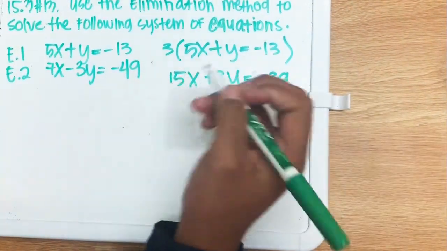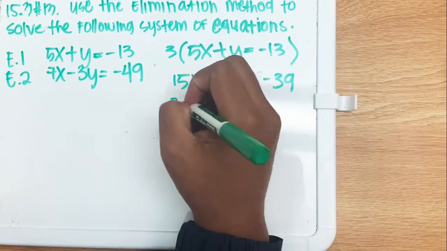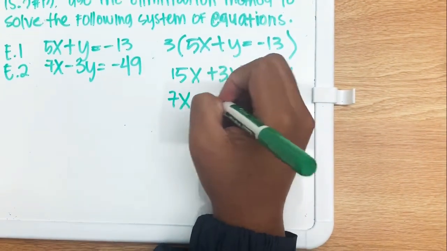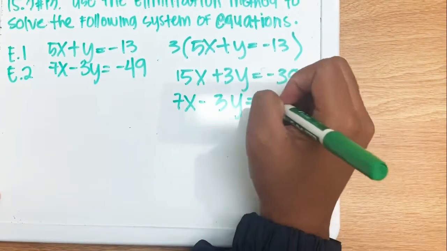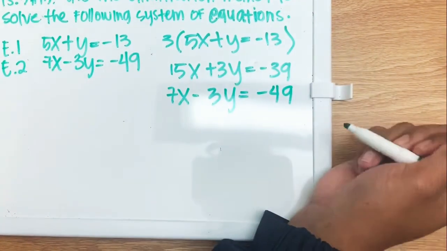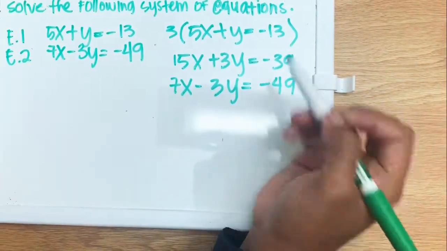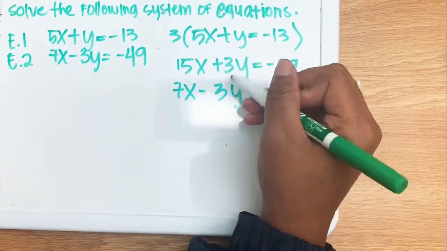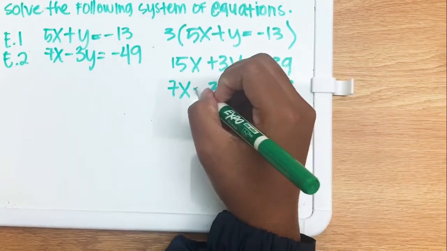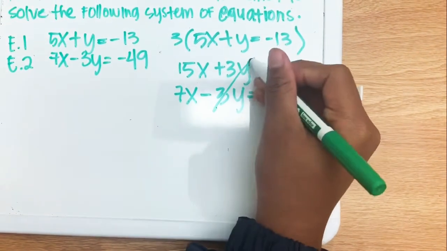You also want to rewrite your second equation, which is 7x minus 3y equals negative 49. Now you can eliminate y because positive 3y and negative 3y add to zero.